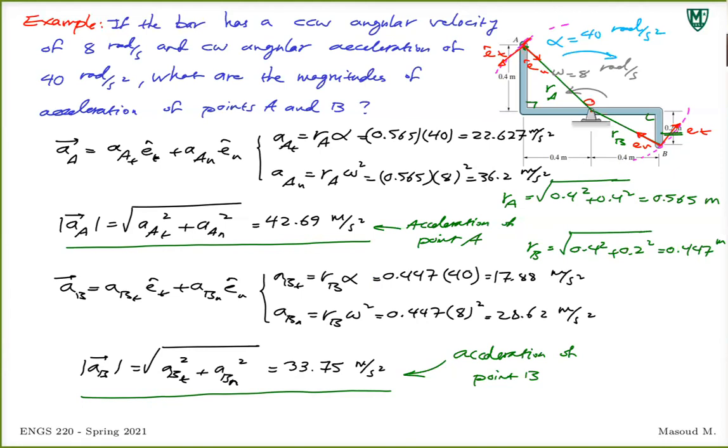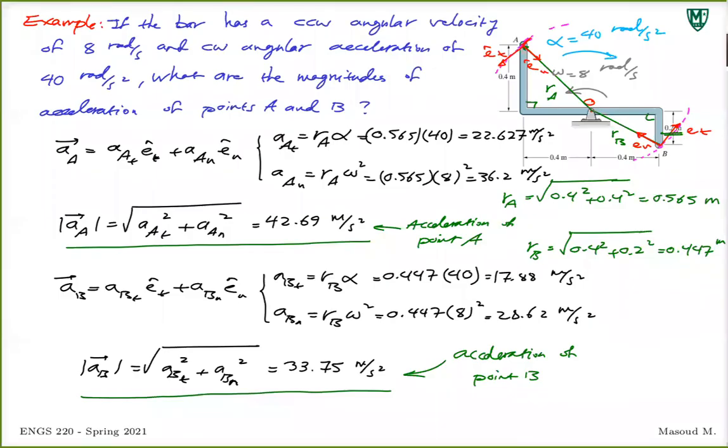Now, what I want to start talking about is the general motion. So rotation over the fixed axis is relatively straightforward. Hopefully you see it the same way I see it. Now, things get a little more challenging, I would say, when we start looking into general planar motion.